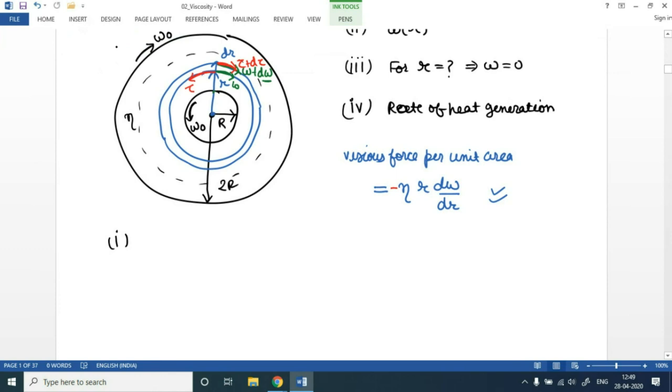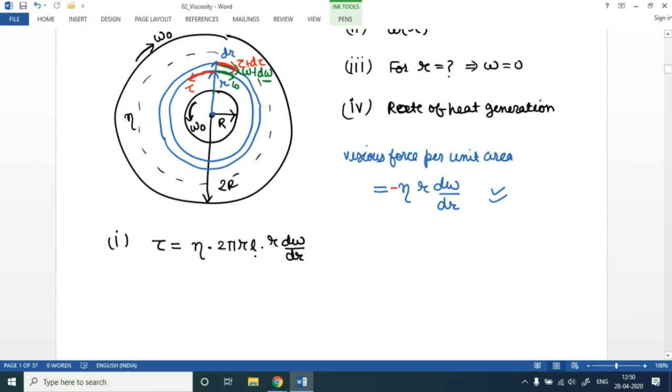So when we write this magnitude over here, this tau would be simply equal to eta into area. The area would be 2 pi r into L. And using this expression, r d omega by dr would be the velocity gradient.